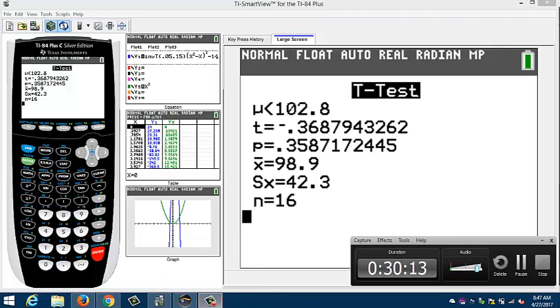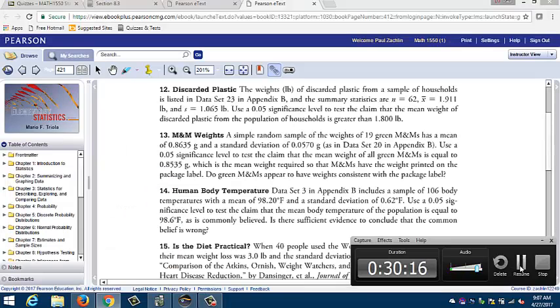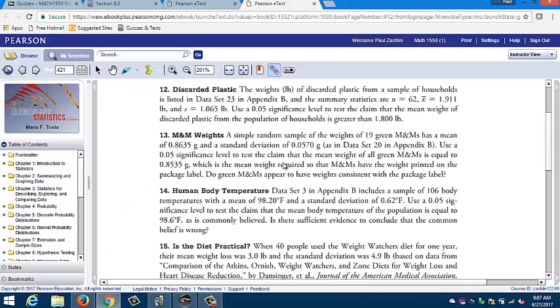In the meantime, number 13. Test the claim. What's the original claim? Mean weight of all green M&Ms equals, right? So they're only doing green M&Ms. The mean weight, mu, is equal to 0.8535.